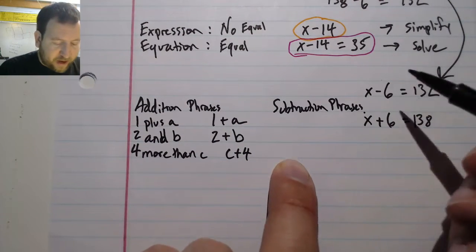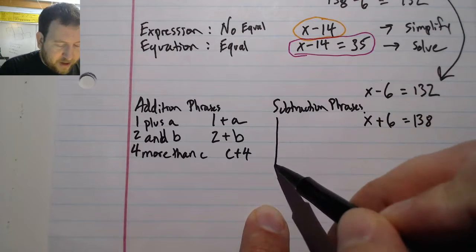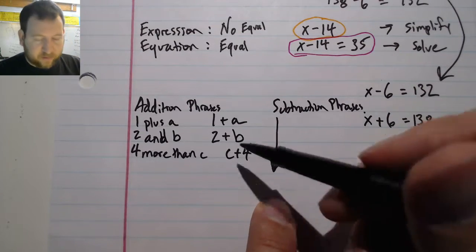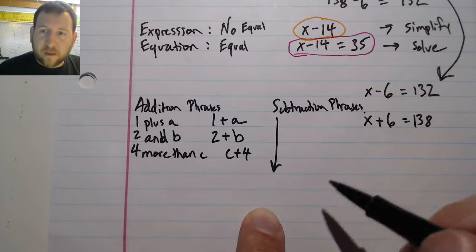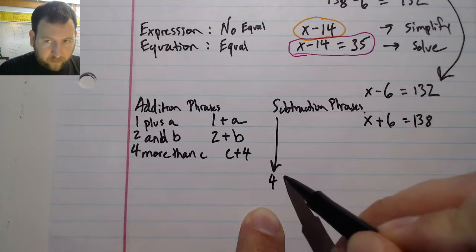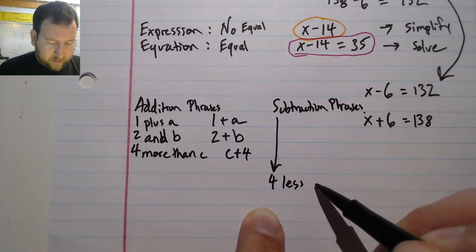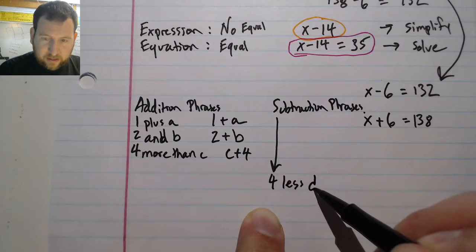Let's look at some subtraction phrases. Now, I'm going to move mine down here simply because I'm out of space, but hopefully you can make yours look a little bit better. So I'm going to write 4 less d.